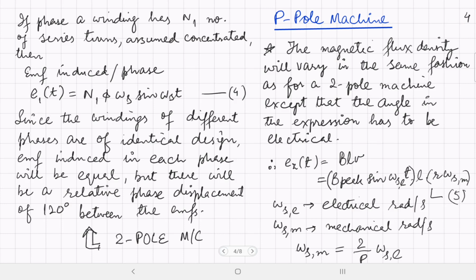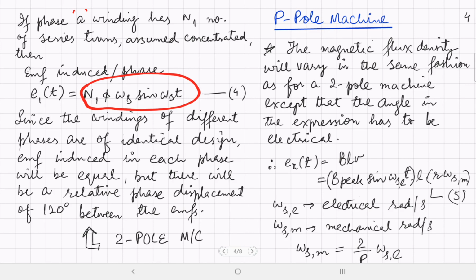If the phase A winding has n1 number of series turns which are assumed concentrated, then the EMF induced per phase will be equal to the number of turns times the EMF induced per turn. So it will be n1 phi omega S sine omega S t. So this is the expression for the EMF induced in phase A winding.